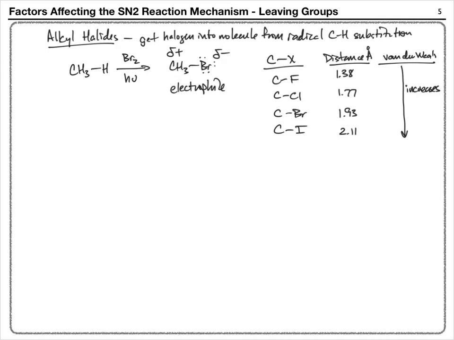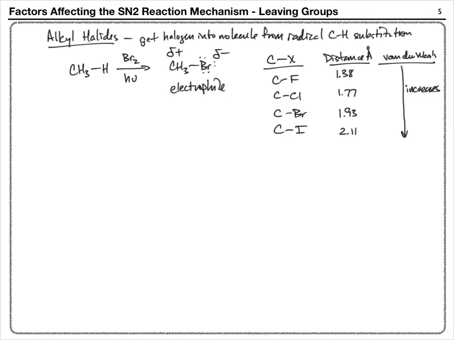So I would say larger is a better explanation, and Aiden is cluing in on it. Heavier really isn't the best explanation. Think about what's happening in the mechanism: as the nucleophile attacks and the leaving group leaves, you're cleaving this bond.